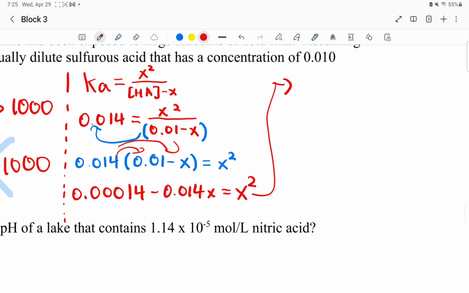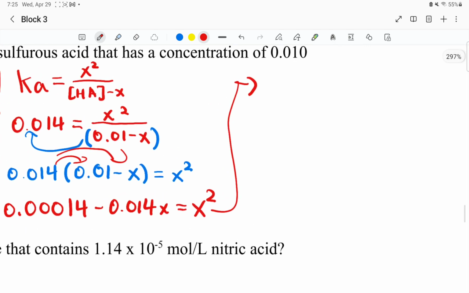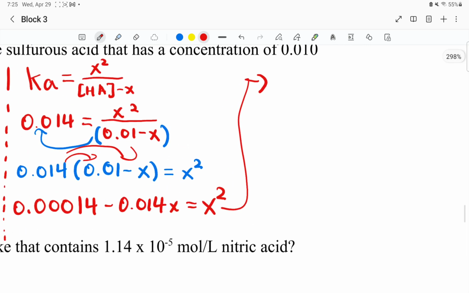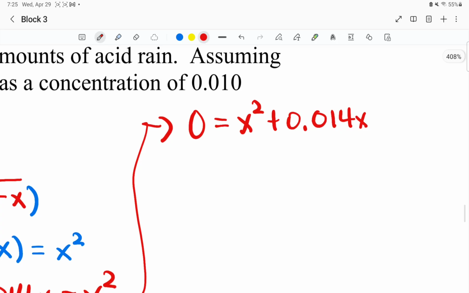Moving it all to one side, we get 0 is equal to x squared plus 0.014x, and a minus 0.00014.